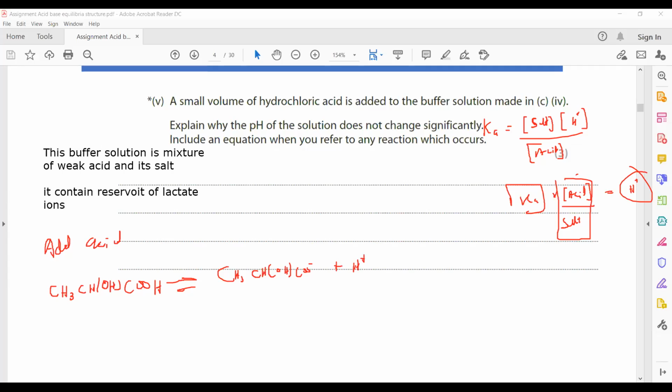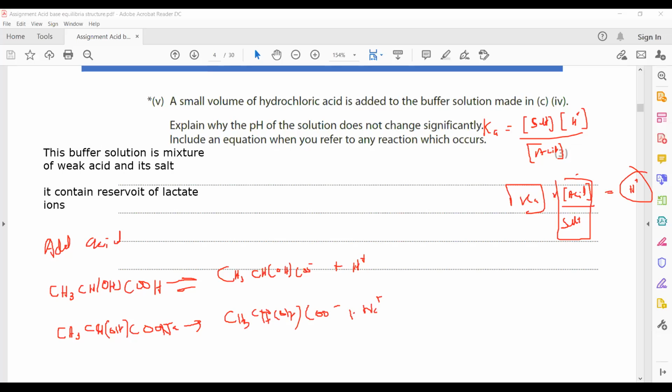This is the dissociation of the acid. And for the salt, sodium lactate, CH3CH(OH)COONa, this will dissociate into CH3CH(OH)COO minus and Na plus.